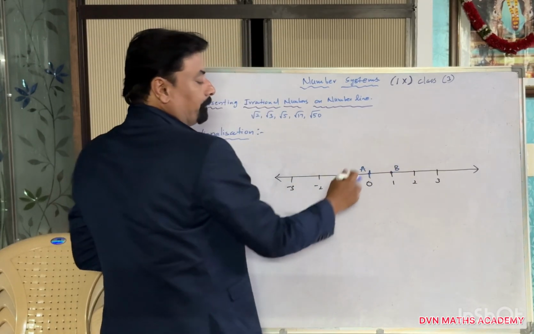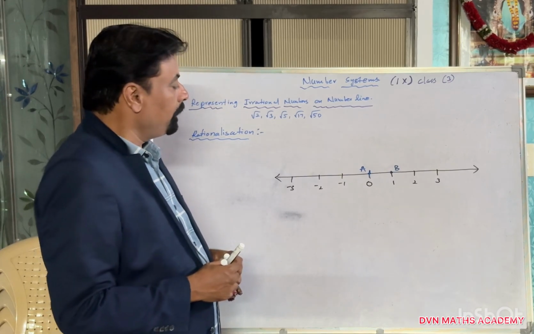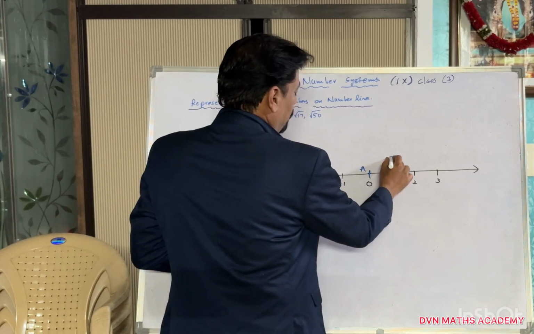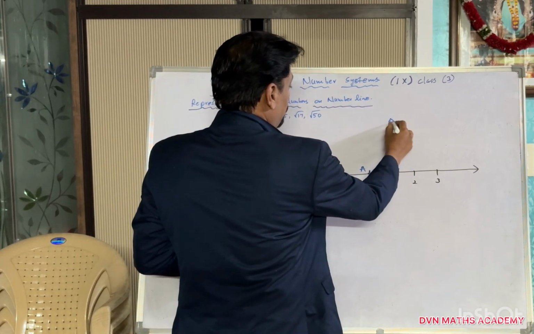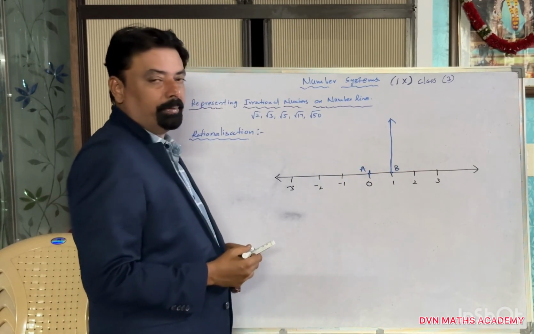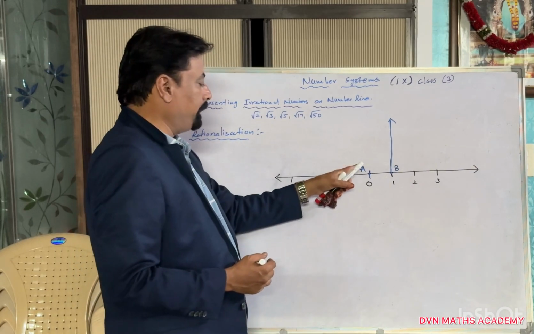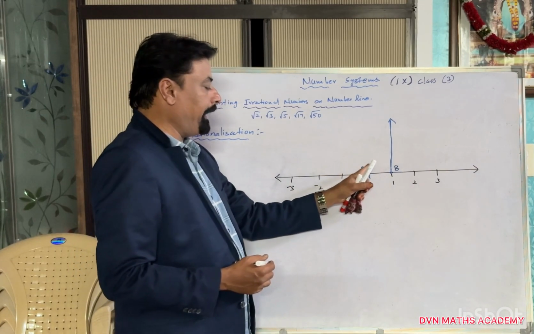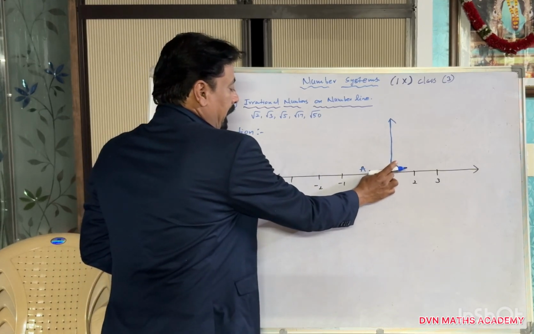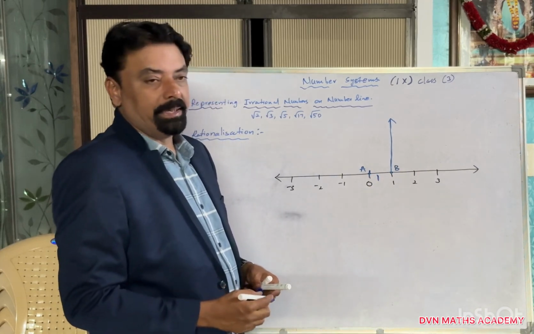Now, by using your compass or your protractor, whatever it may be, you draw a perpendicular line on B, which is perpendicular to our number line. First, I have taken 0 as point A, and the first unit I have taken as B, and the distance between A and B is 1 unit.